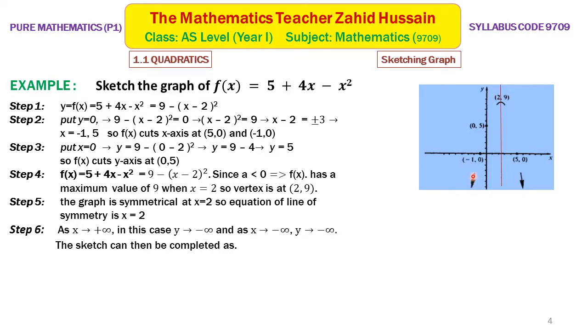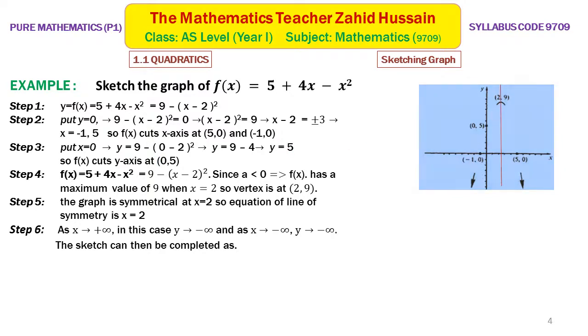Join these points, this point, the y-intercept and the maximum value, to complete one part of this curve, and this will be symmetrical on the other side, and join this and produce on this side. So this will be the graph of this function by using this information.